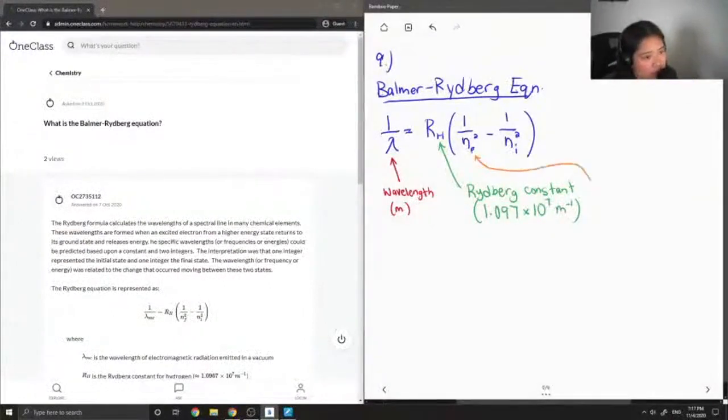So this NF is the principal quantum number of the initial state of your electron. Oh, I mean final state, sorry, this is NF.